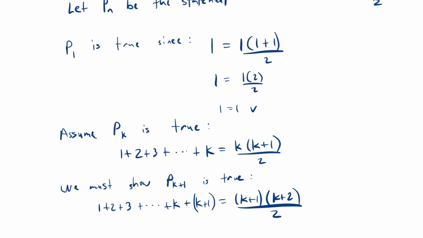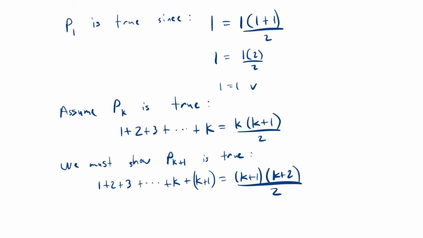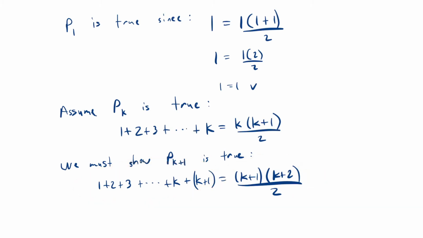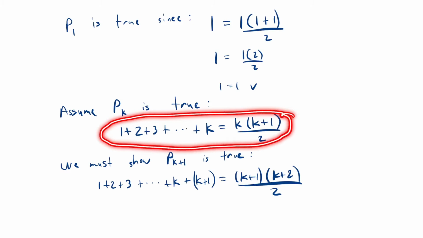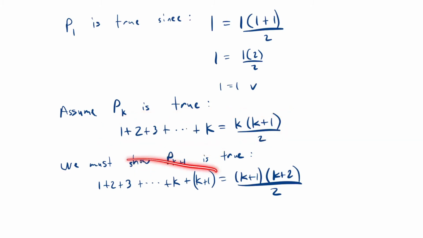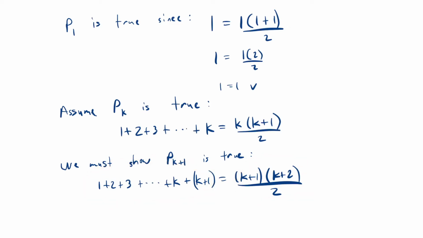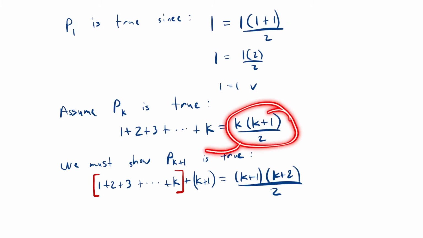We must show that this statement, the left side equals the right side. So this is the way all these proofs go. You're going to use the inductive hypothesis, you're going to do a substitution, and then you're going to simplify the left side, and eventually you will reach the right side. So the first k terms are these, but we know by the assumption that that is equal to k times k plus 1 over 2.